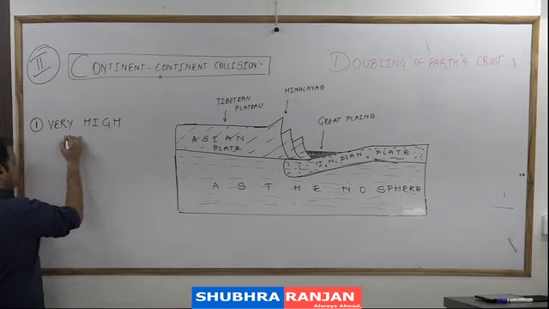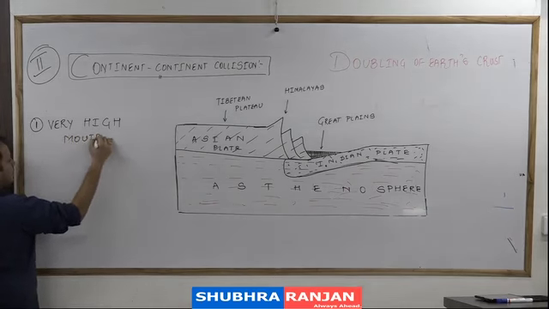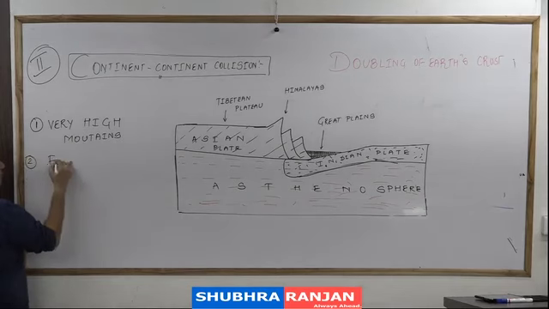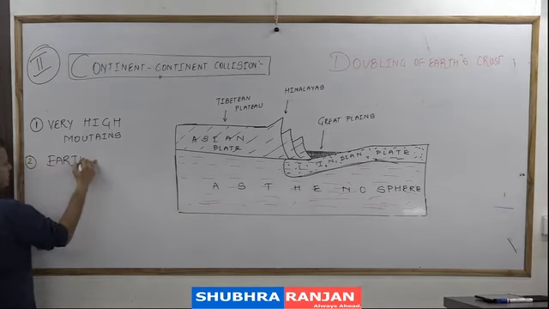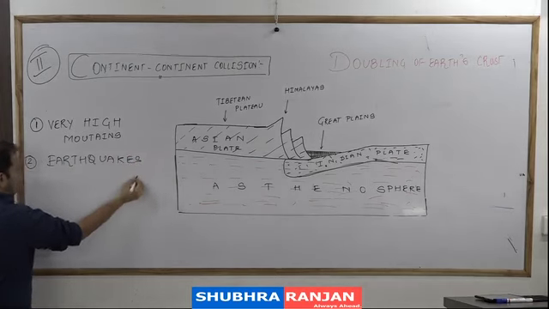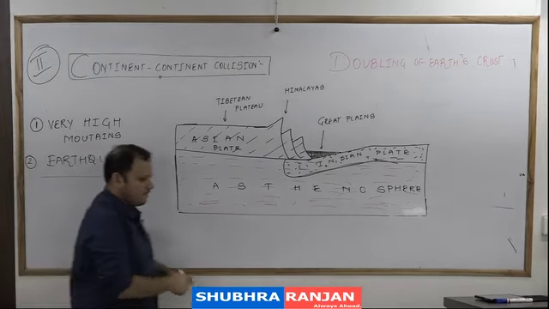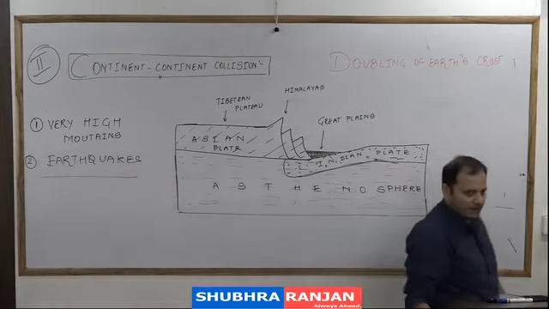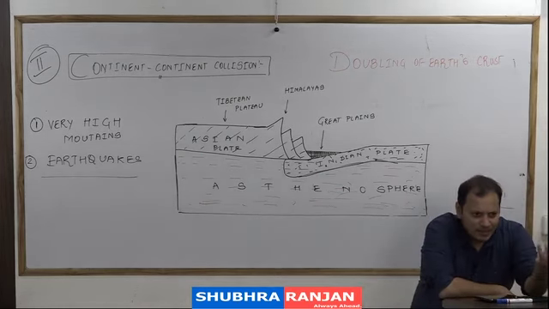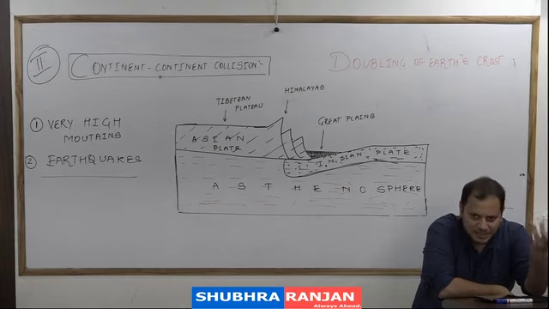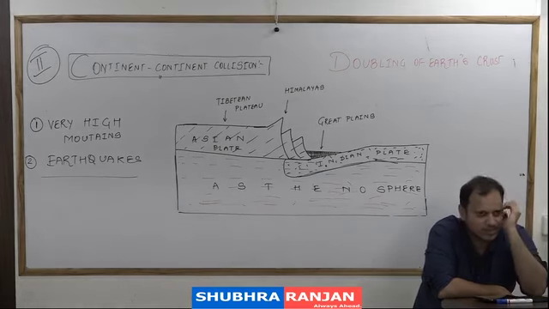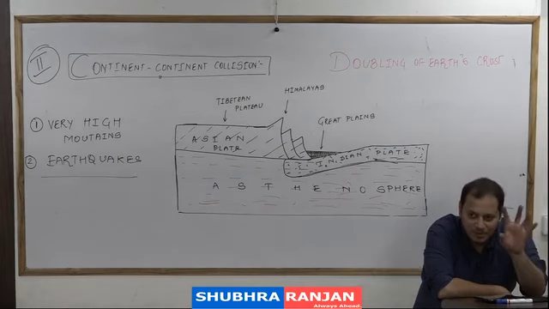But they have very high mountains and obviously earthquakes. Earthquakes and mountains होगा ही, volcanoes नहीं होगा, and क्या नहीं होगा is the trenches नहीं होंगे, बाकी there will be earthquakes and the, so that explains the formation of Himalayas.